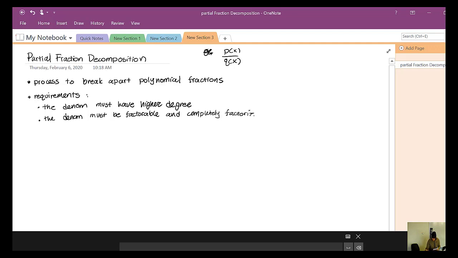And all that means is I can factor my denominator, it's factorable, and when I start the process, I must already have it fully factorized.